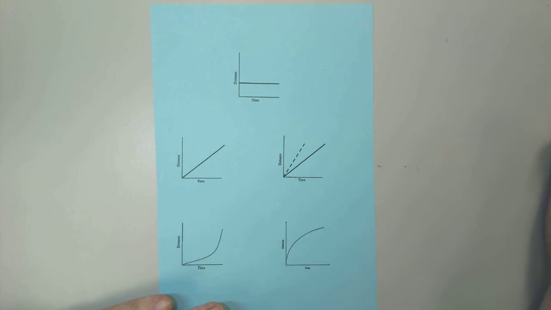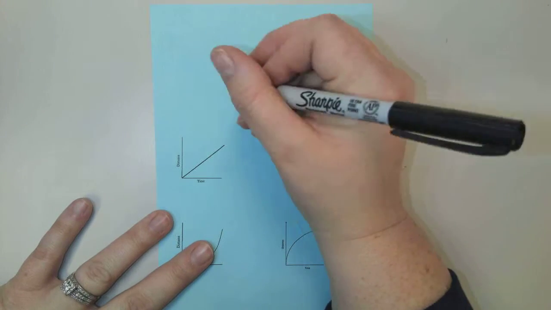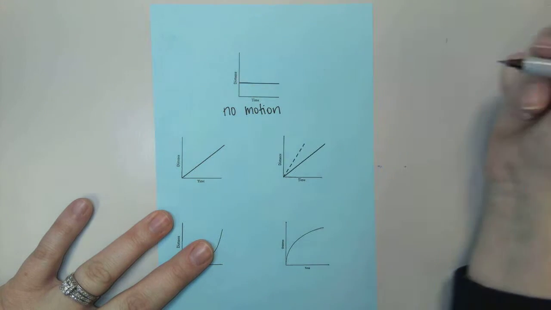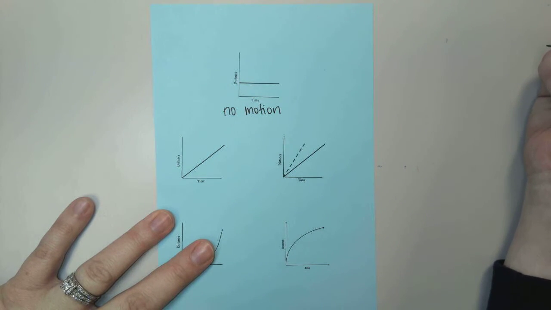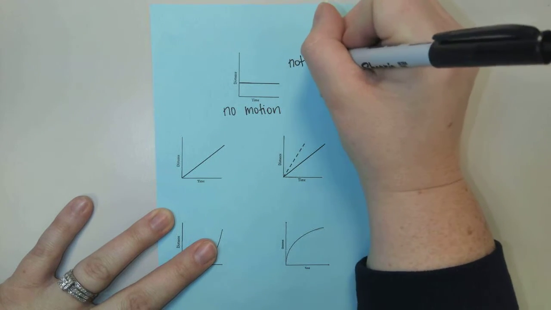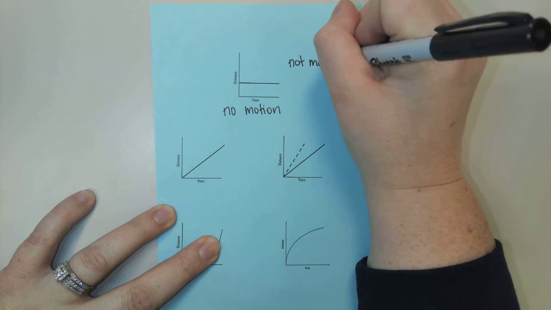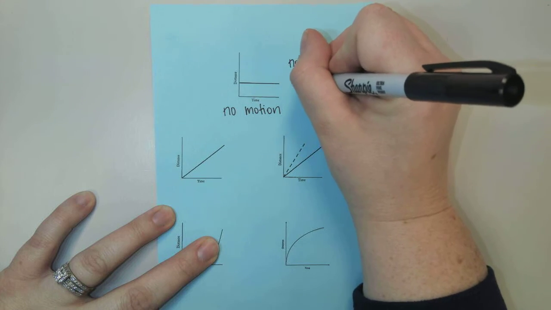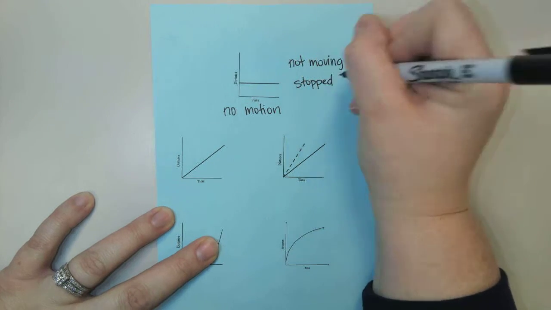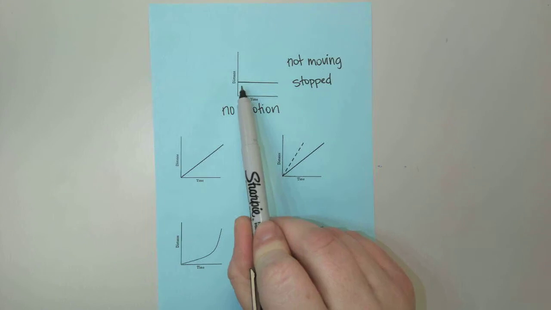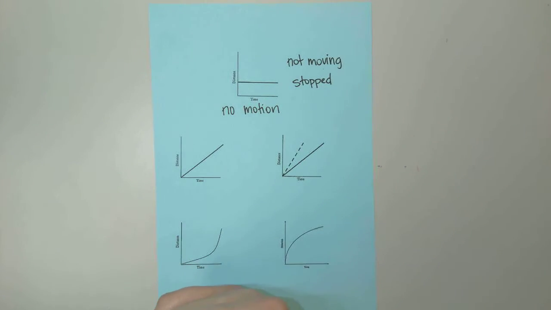There are quite a few ways that we could describe the motion of this object. We could say that there is no motion. Other ways, we could say that it is not moving. That's really what no motion means, so we're going to write not moving. Another way to describe it is stopped. If you were reading a story and it said that the bus was stopped at the bus stop for 30 seconds, you should see a flat line on that graph for 30 seconds.